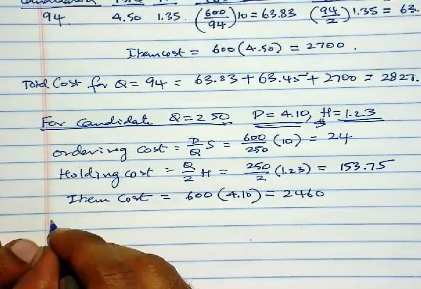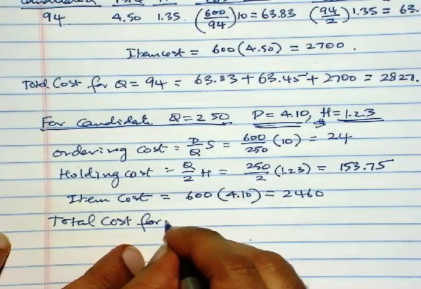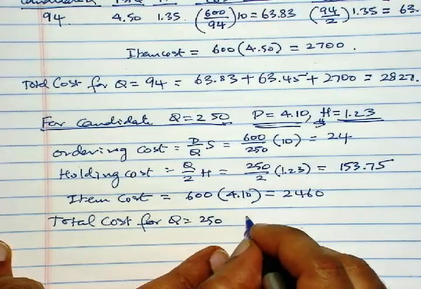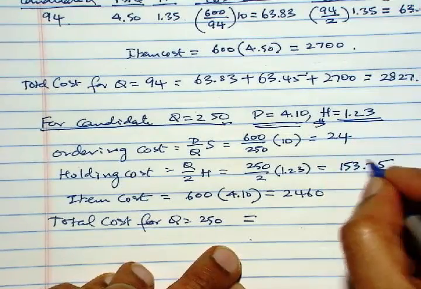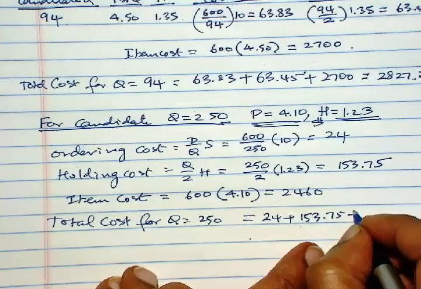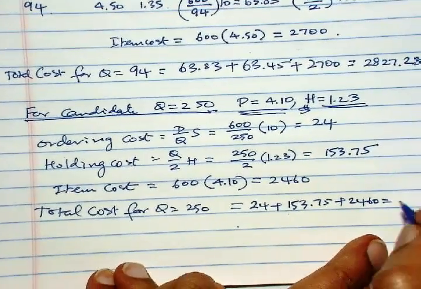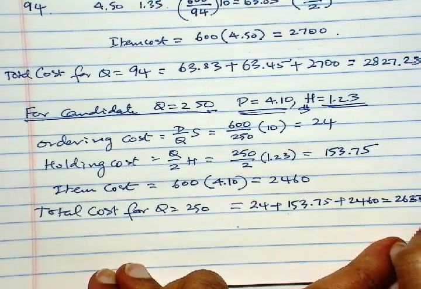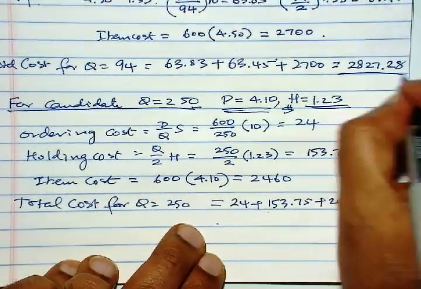Okay, so total cost for Q equal to 250 is equal to 24 plus 153.75 plus 2,460, that is equal to 2,637.75. So we have these two.